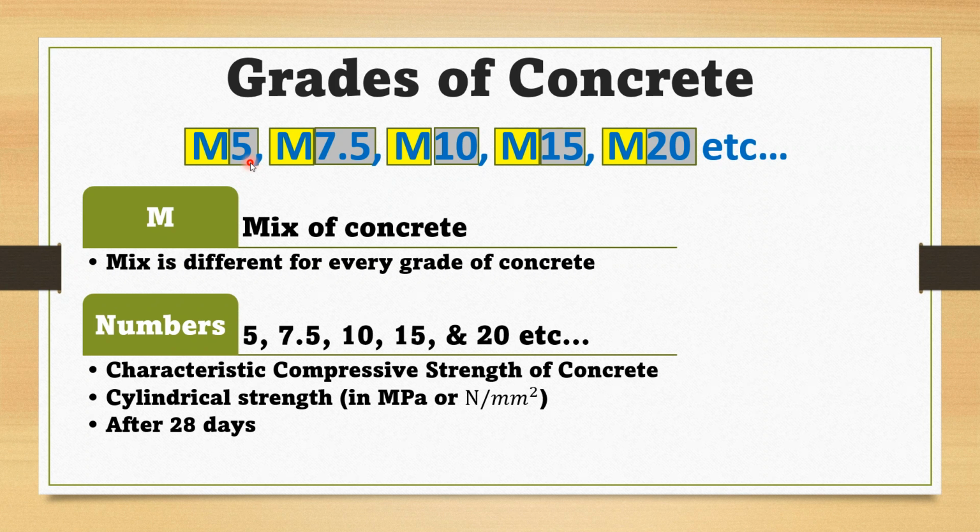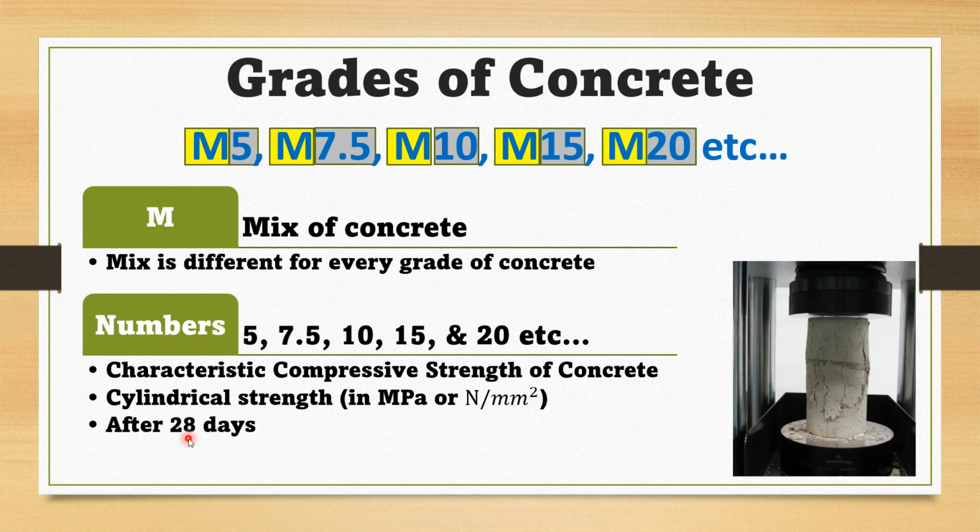Why do we check the compressive strength of concrete after 28 days? Because it is evident from laboratory testing that after 28 days concrete attains 99% of its strength. Here you can see a concrete cylinder.